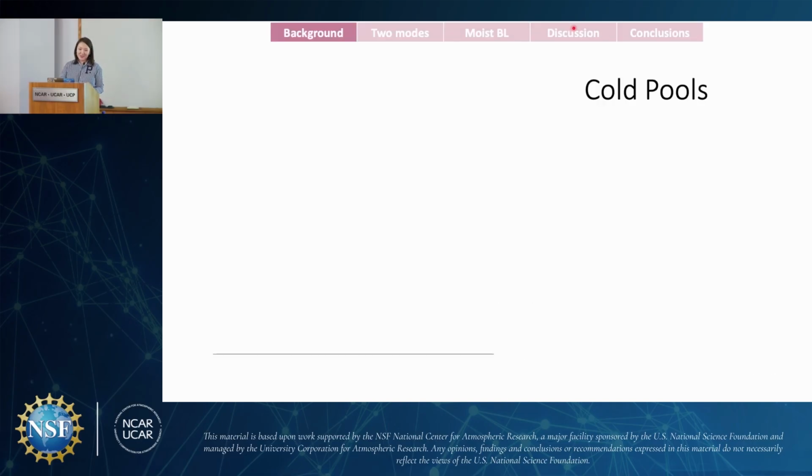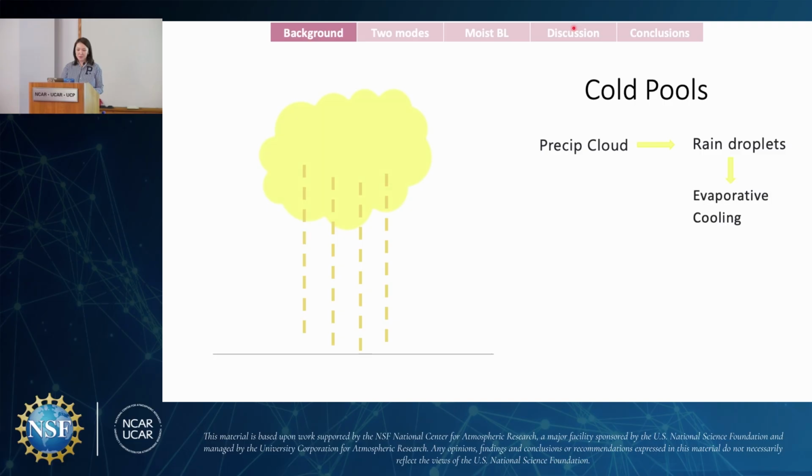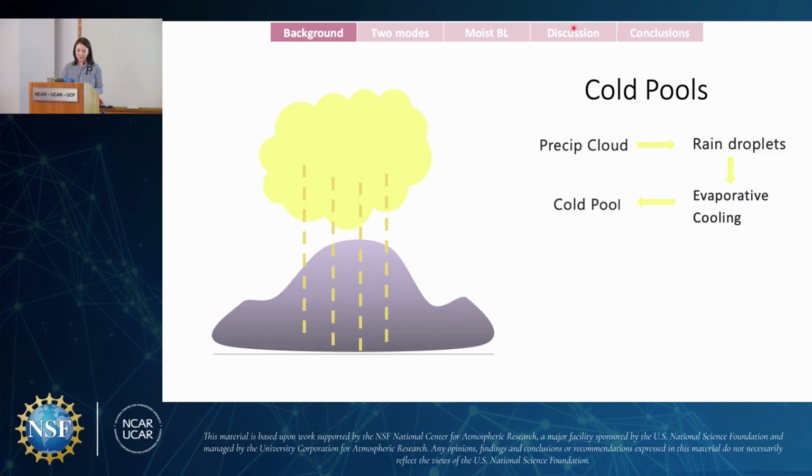So let's start with our favorite cold pools. How does a cloud form a cold pool and help organize convection? To start with, a precipitating cloud. When the cloud droplets drop out of the cloud base, they will enter a very unsaturated environment and begin to evaporate quickly. This will drive very strong evaporative cooling to build a pool of cold, dense, and dry air.